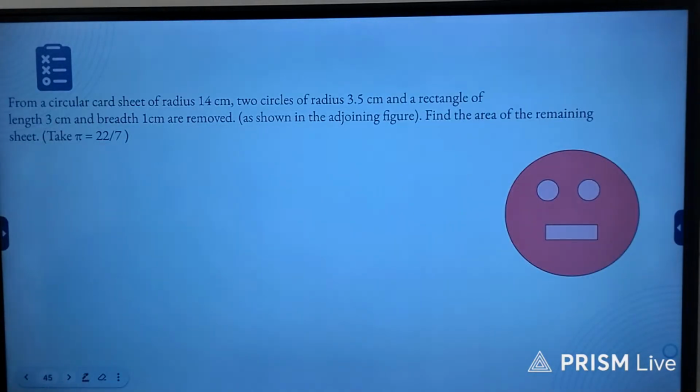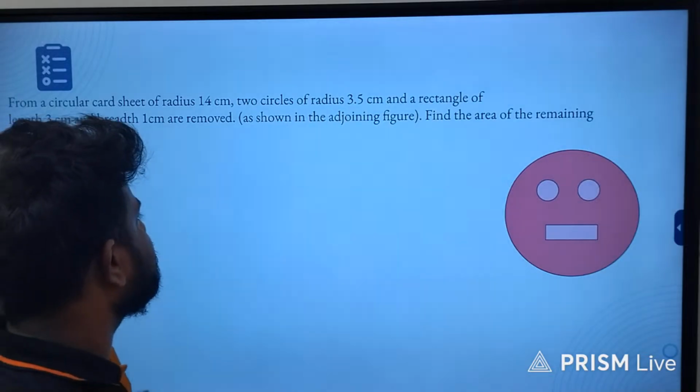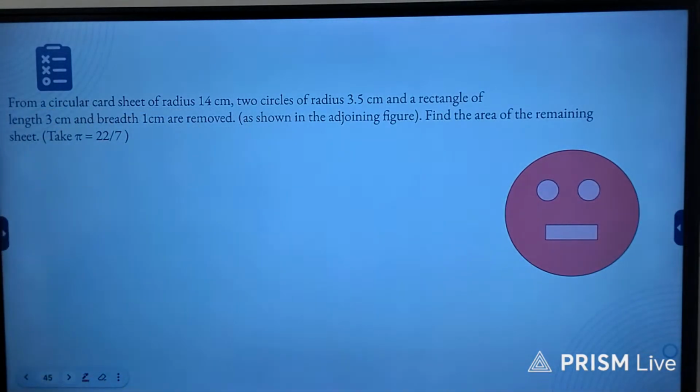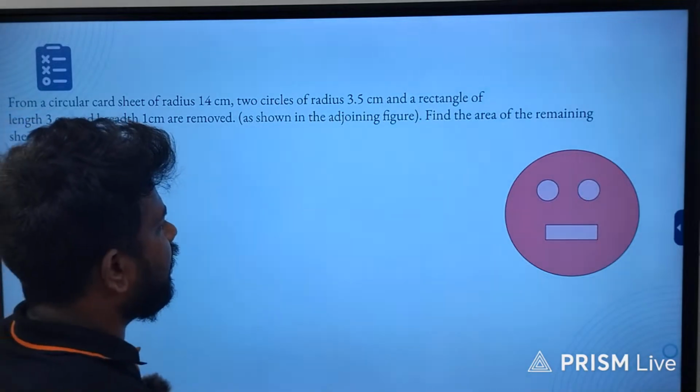Okay, from a circular card sheet of radius 14 centimeter, two circles of radius 3.5 centimeter and a rectangle of length 3 centimeter and breadth 1 centimeter are removed. Okay, like this one.